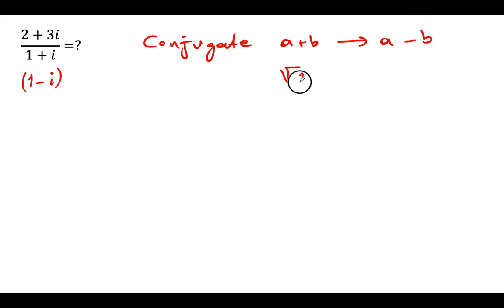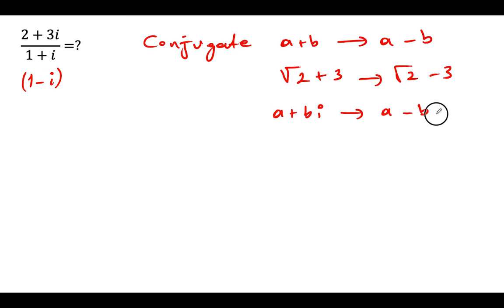For example, if I have root 2 plus 3, its conjugate is root 2 minus 3. Now, for complex numbers, if you have a plus bi, the conjugate will be a minus bi. For that reason, 1 plus i has the conjugate 1 minus i.